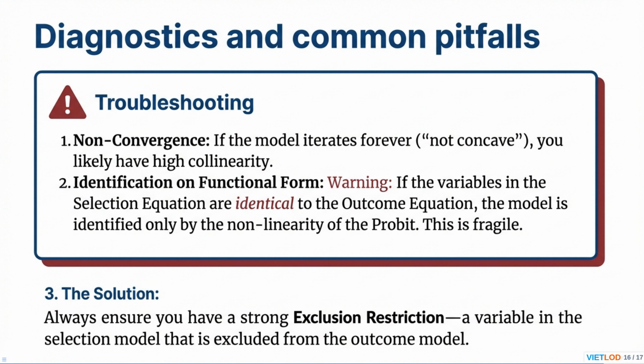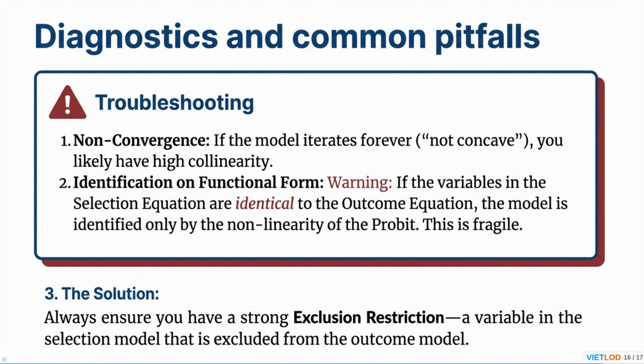Another serious problem is relying solely on functional form for identification. This happens if you use an identical set of explanatory variables in both the selection equation and the outcome equation. In such cases, the model's identification hinges only on the nonlinear properties of the Probit function, which is statistically weak and can lead to very fragile or unreliable results.